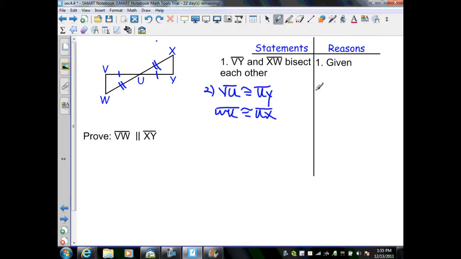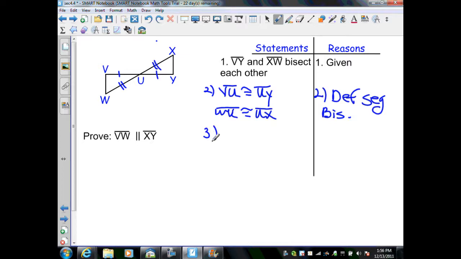And that would be because of definition of bisector. Or I could say definition of a midpoint because segment bisectors intersect at the midpoint of a segment.